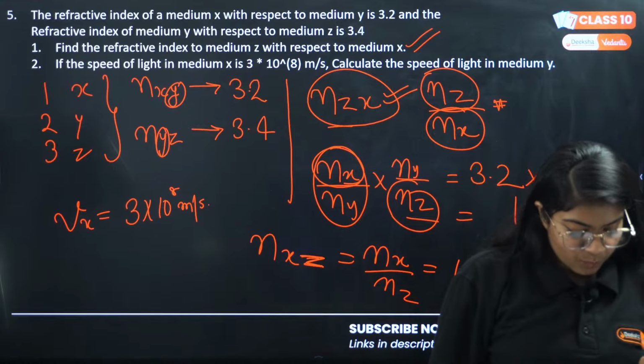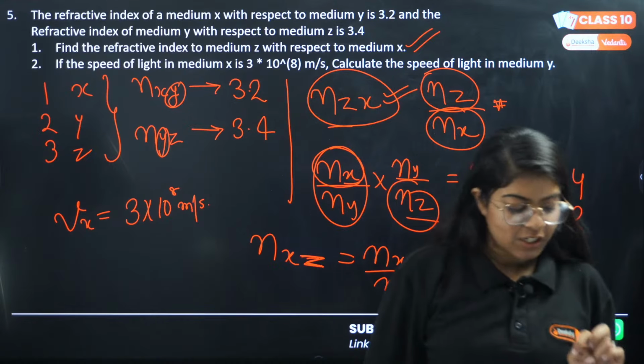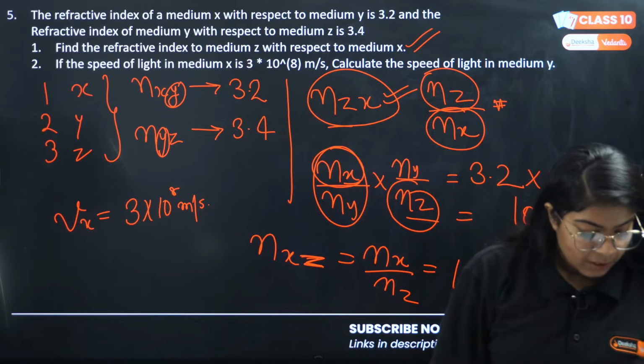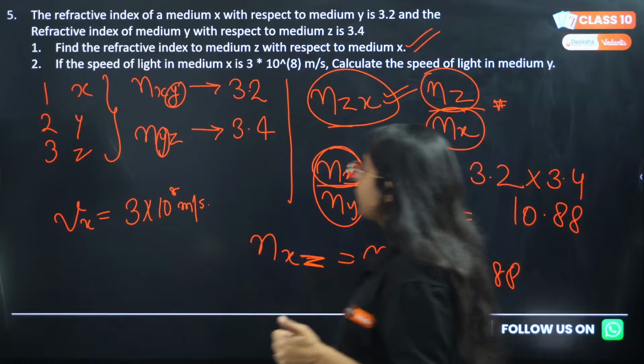Answer is 9.6 into 10 raised to power 8. Okay, Alia is saying 9.6 into 10 raised to power 8 meter per second. Yes, I'm seeing everyone's answer. Everyone is correct.